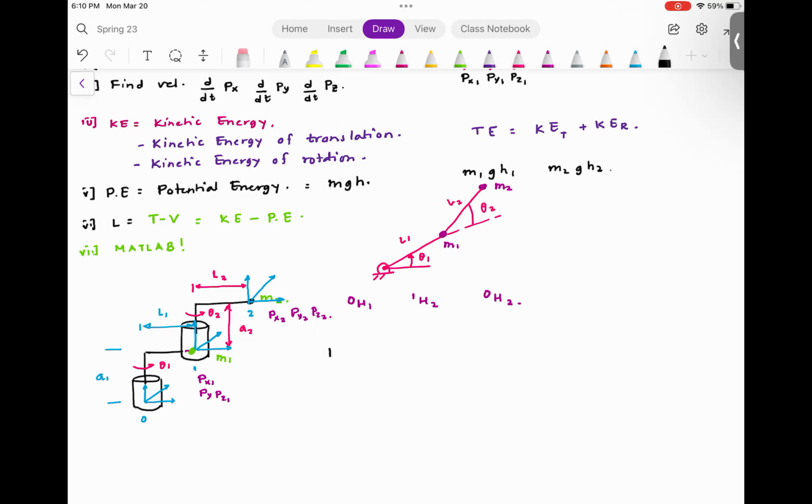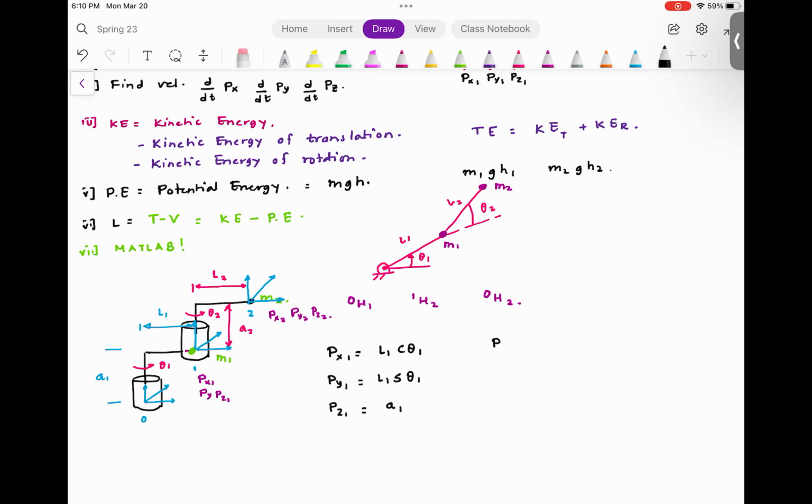So I can say px1 is going to be L1 cosine theta 1, py1 is going to be L1 sine theta 1, pz1 is going to be A1. Are you with me so far?